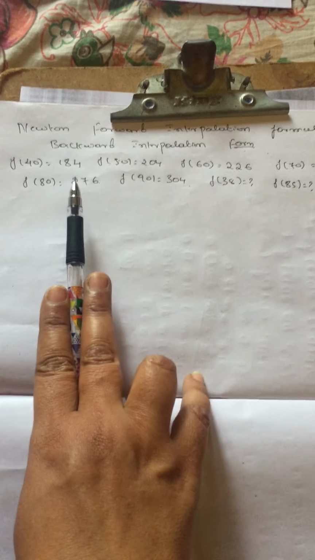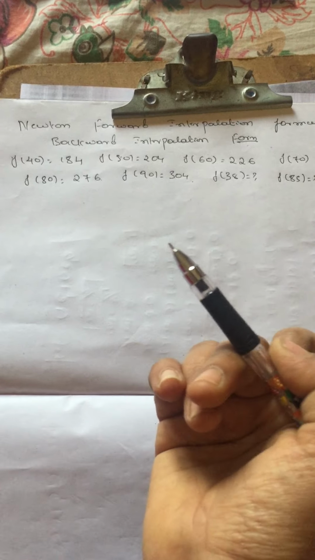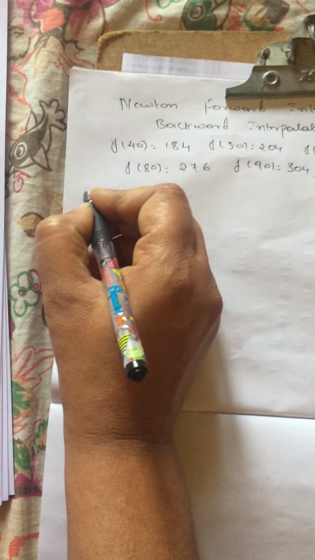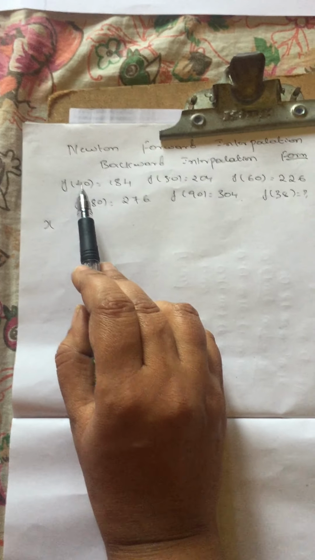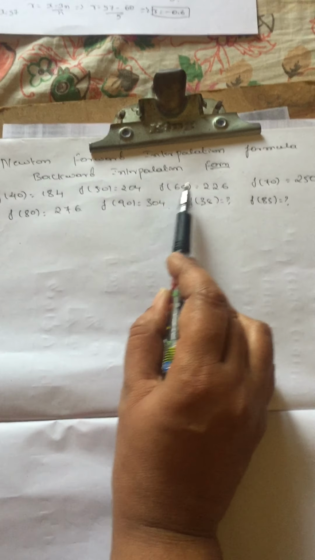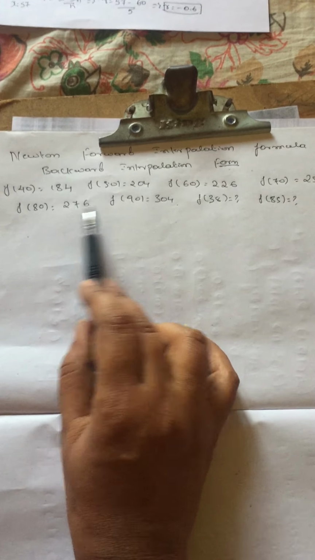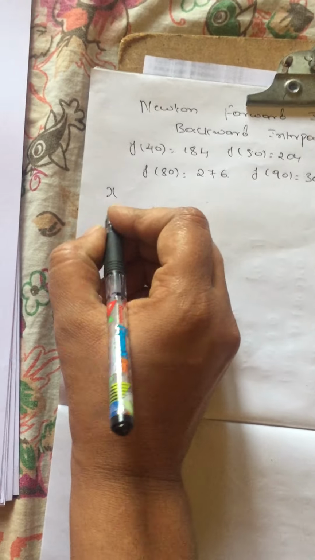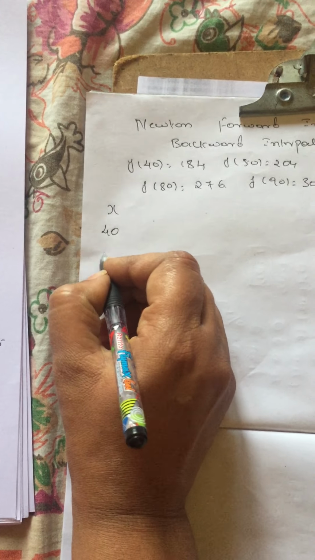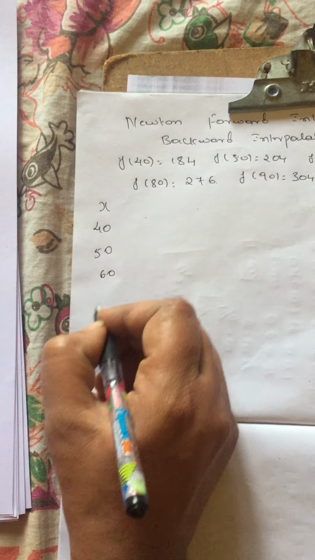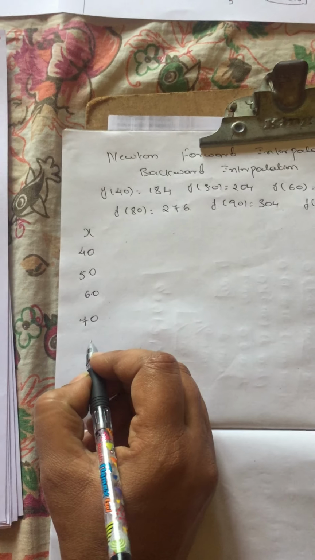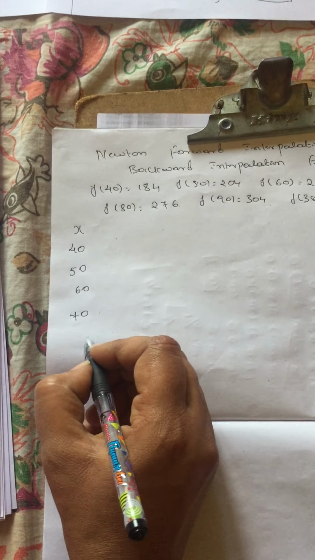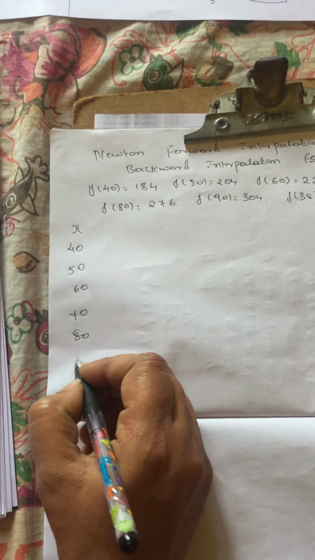So first we construct the table. We take x values 40, 50, 60, 70, 80 and 90.